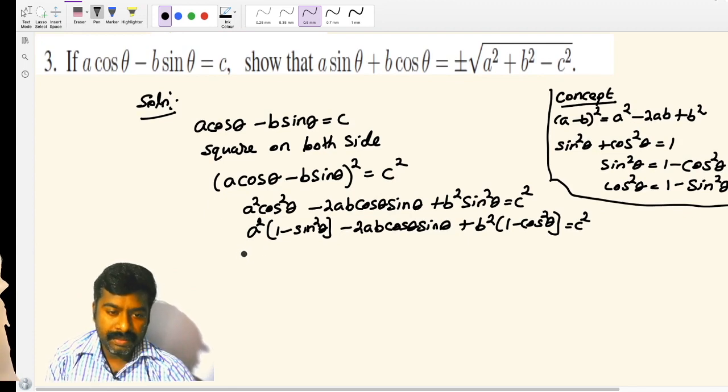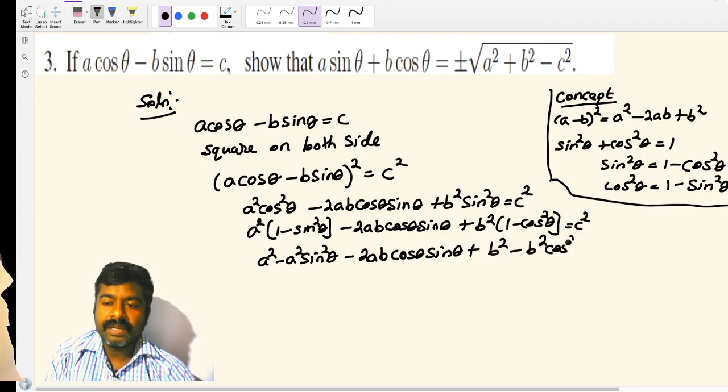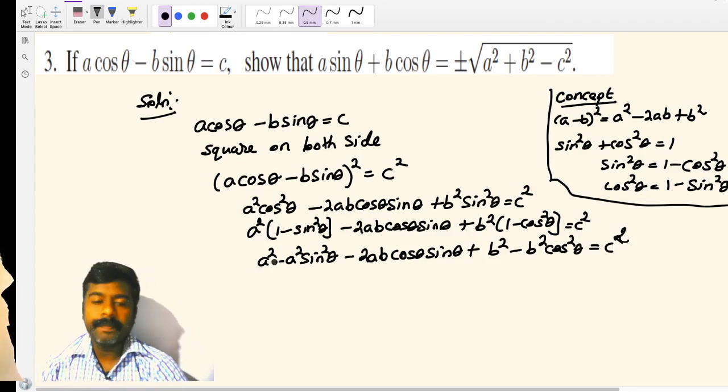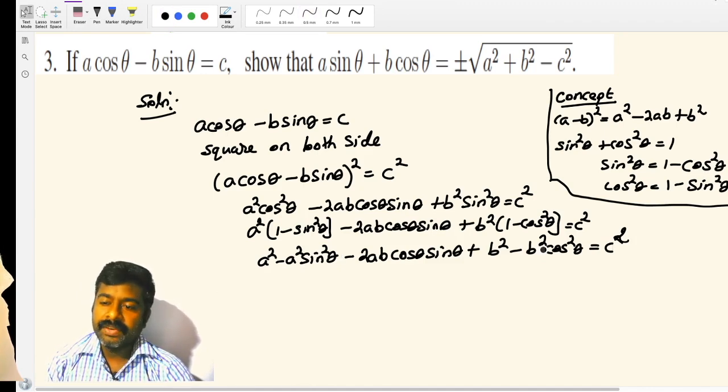Expand a square into 1 minus sin square theta, multiplying inside the bracket, you will get a square minus a square sin square theta minus 2ab cos theta sin theta plus b square minus b square cos square theta equals c square. Now take the sin and cos square terms to the right hand side.